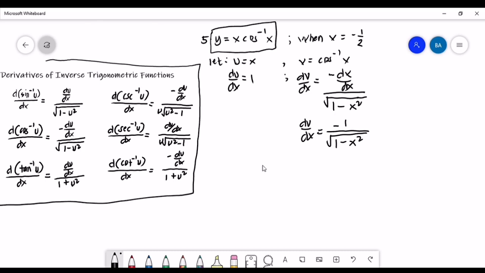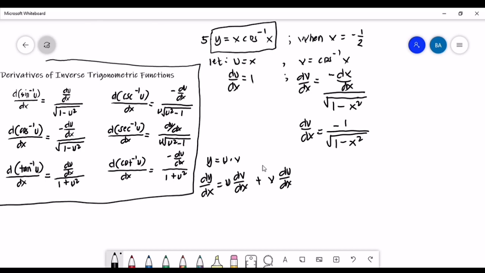So at this point, based on our given, since we let u is equals to x and v is equals to arc cosine of x, we could write our given equation as u times v, and its derivative with respect to x is equals to u dv dx plus v du dx.